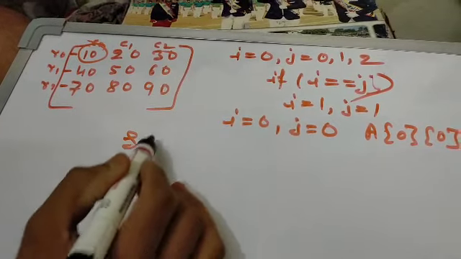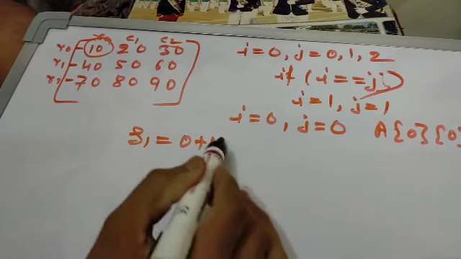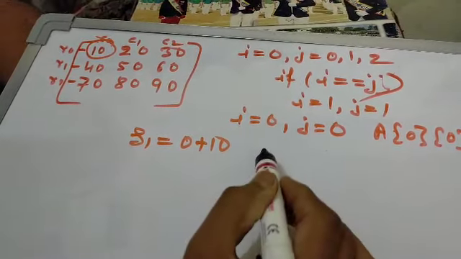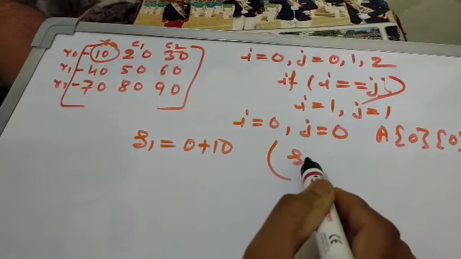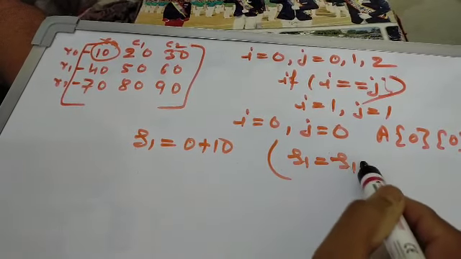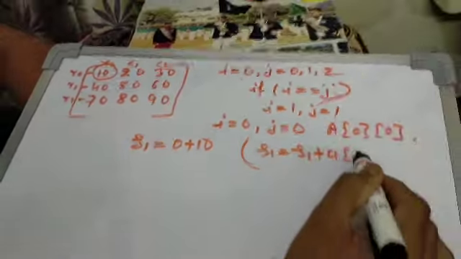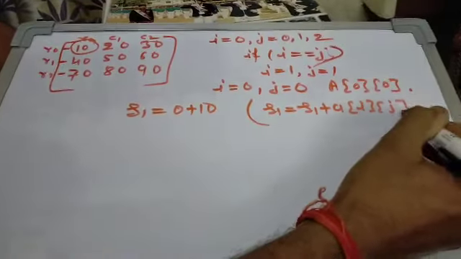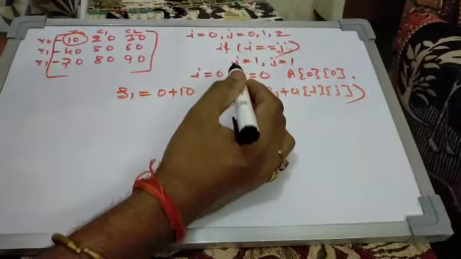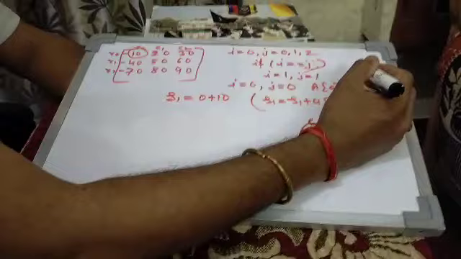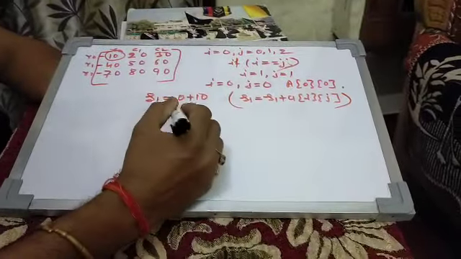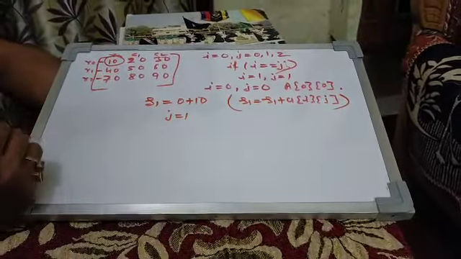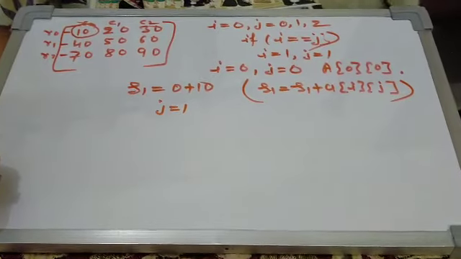So s1 will be 0 plus 10, because we have written the statement s1 = s1 + a[i][j] in the program. After that, the value of j will be increased by 1.